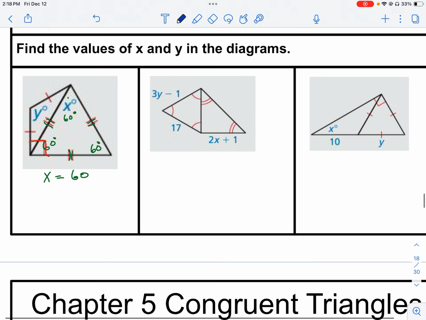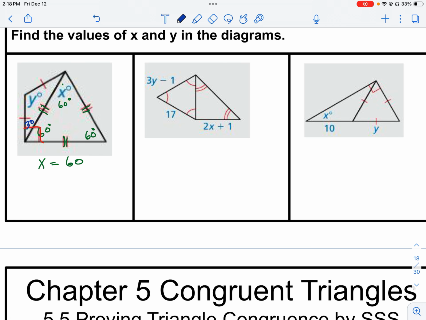So that's 60, and here's got to be 30. I have congruent sides, so that means these two little angles have to also be the same, so they're both 30. So that's 60, so y equals 120. Very simple. Follow the rules. Use whatever rules help you.